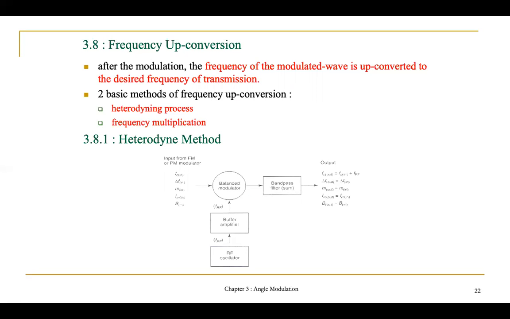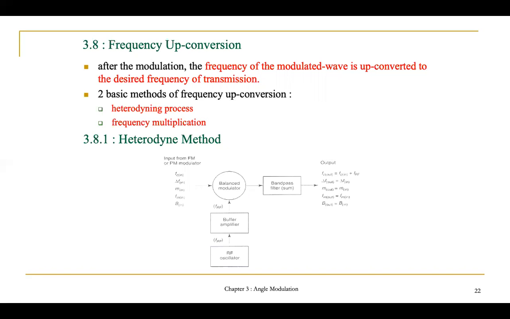Frequency up conversion is the process after modulation. After you have modulated the signal, the frequency of the modulated wave will be up converted to a desired frequency of transmission in order to transmit the signal through a channel. Meaning you want to increase the frequency.